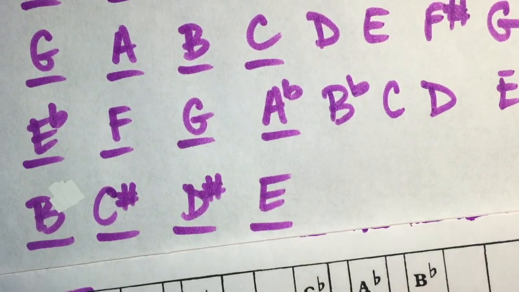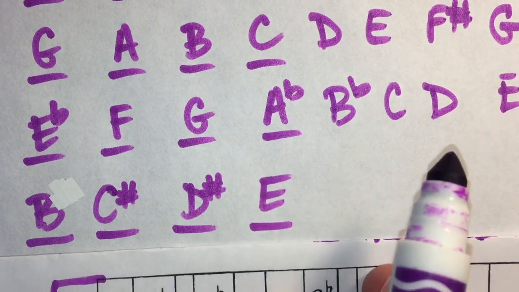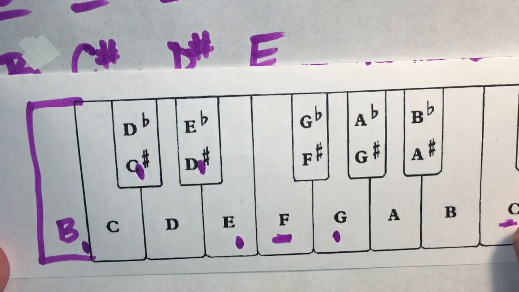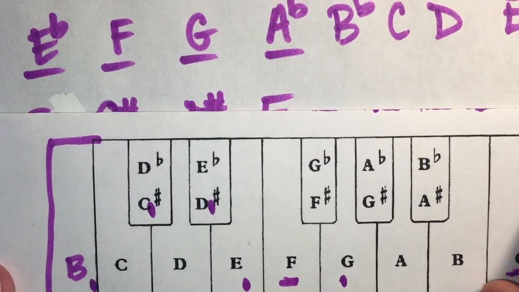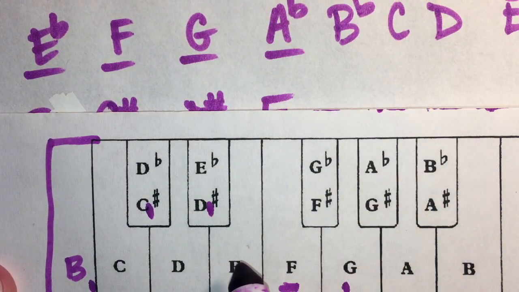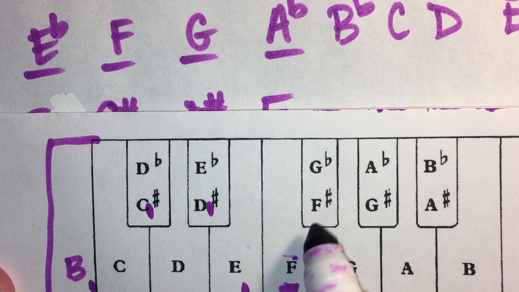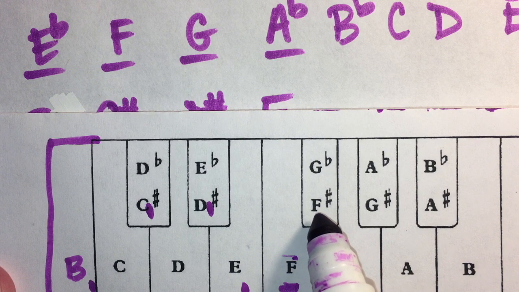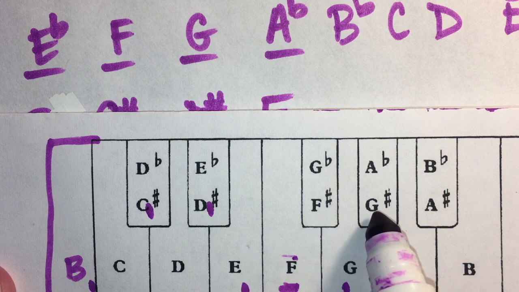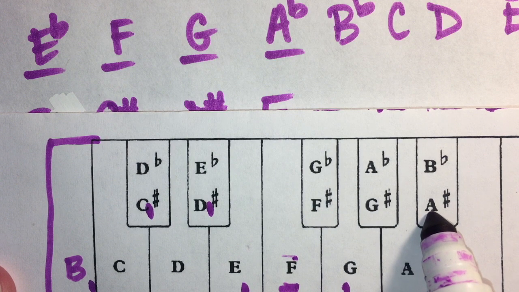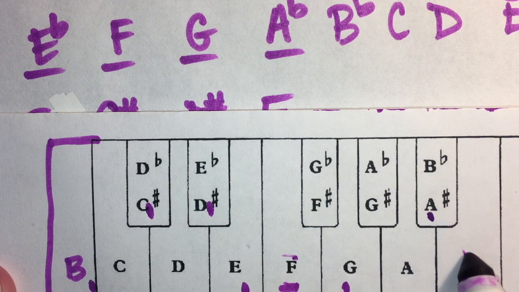Last one, we have a B tetrascale. We need a whole step up from E. Here's E. We need a whole step up, so we have F sharp, G sharp, that's a whole step, another whole step, and a half step.